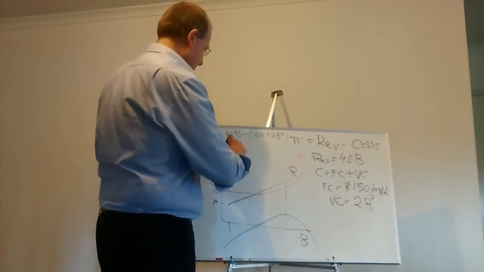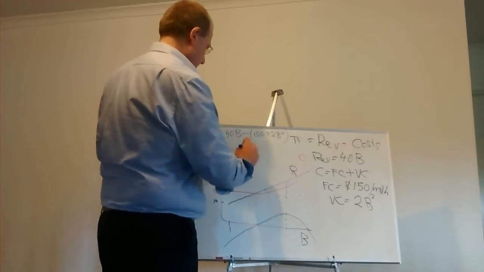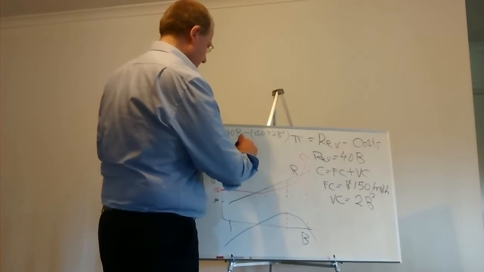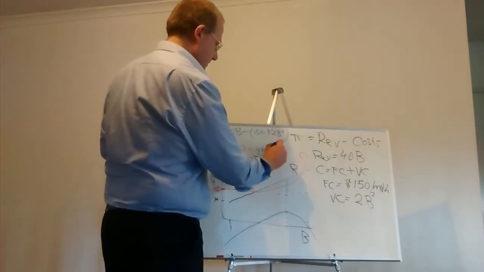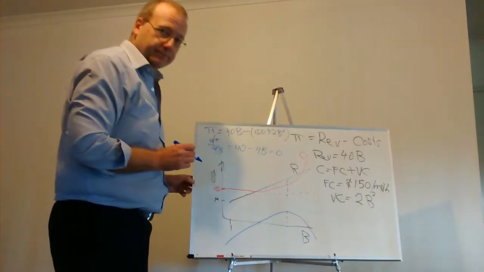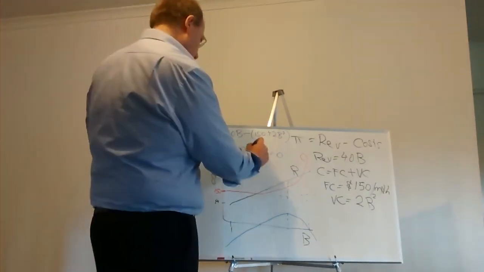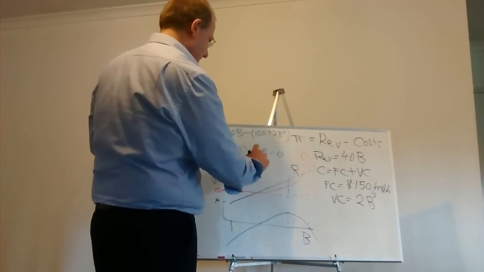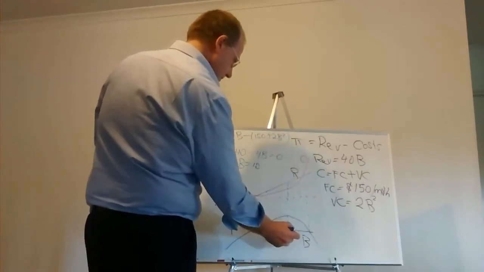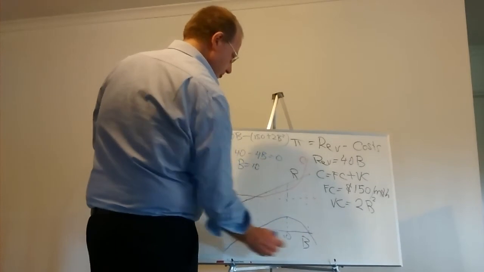Taking that first differential, we get 40 take 4b equals 0. And so what we find, solving that, we get profit maximisation at b equals 10.